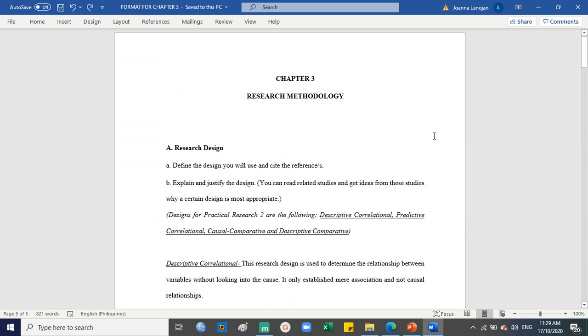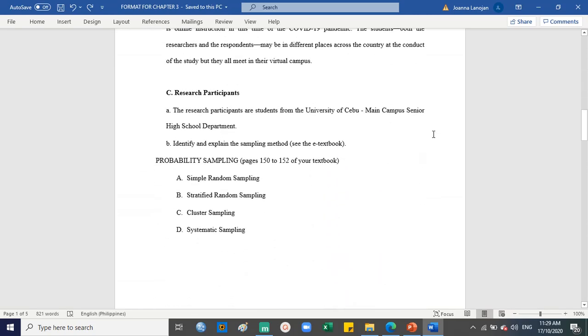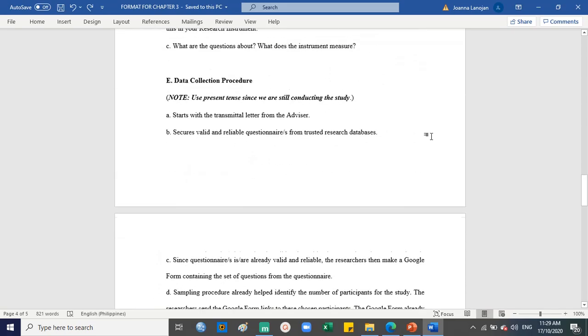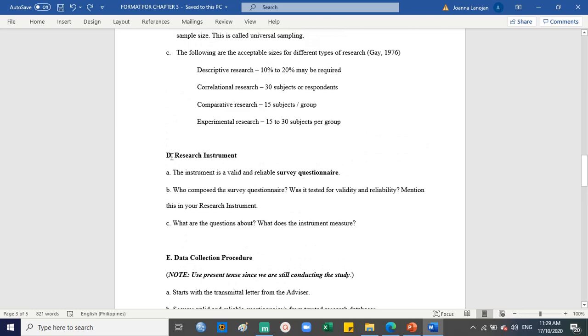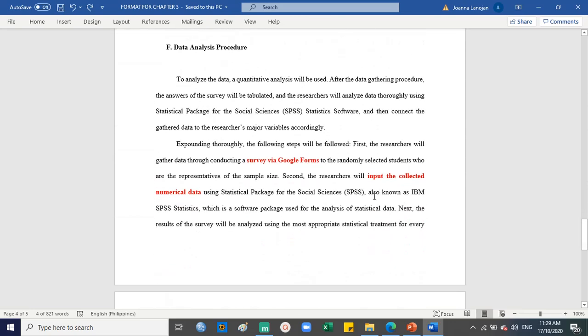Okay, so the task for this week is to make sure that your instrument is already valid and reliable, and make sure that the instrument measures what you want to measure in your SOP. And please start filling out your Google Forms.